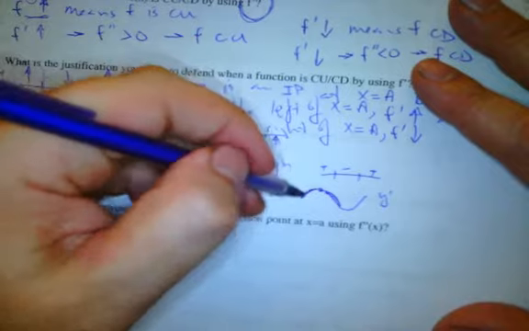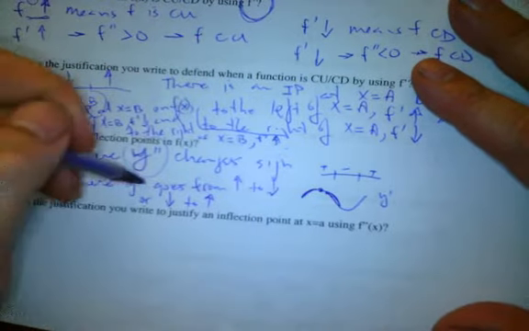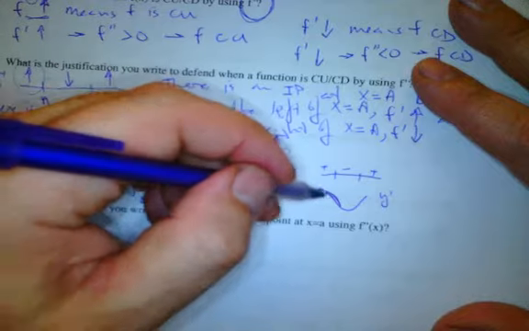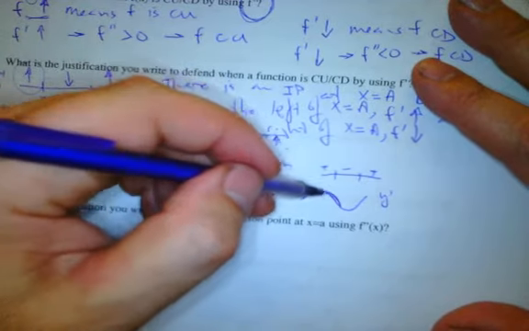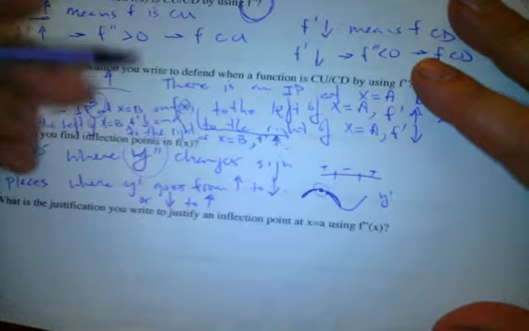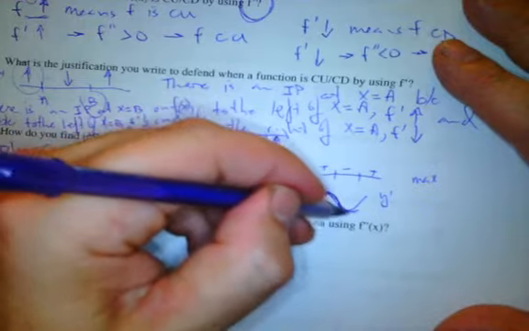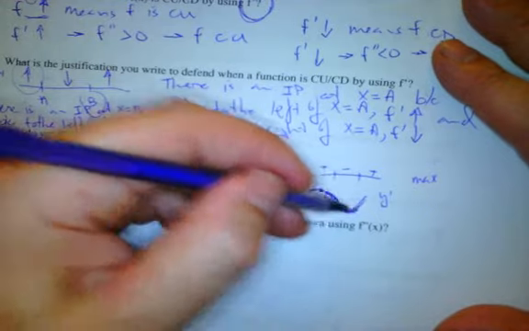Okay, and if we think about a y prime graph for a moment, here's y prime. Y prime is increasing, and then y prime is decreasing. This point here is where y prime goes from increasing to decreasing. Well, we said a place where y prime goes from increasing to decreasing, this place is an inflection point on y.